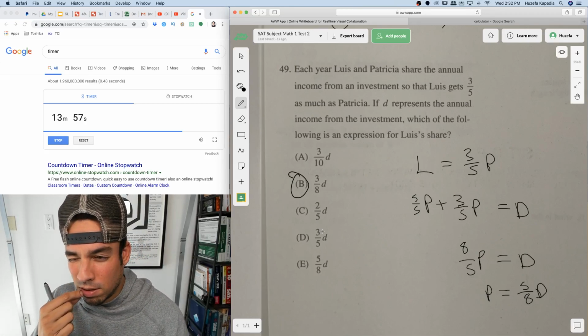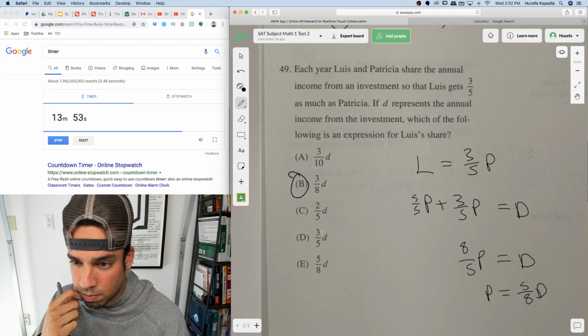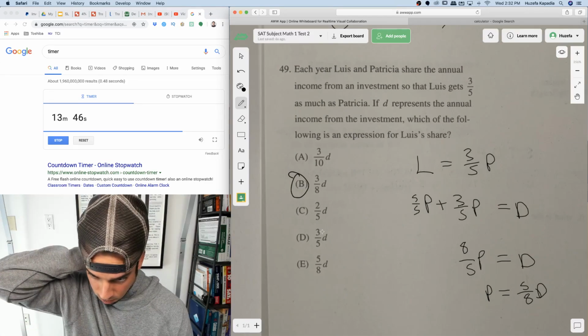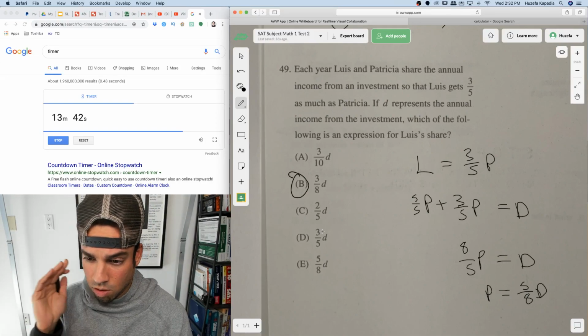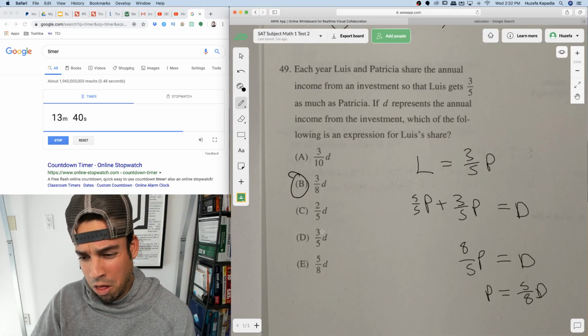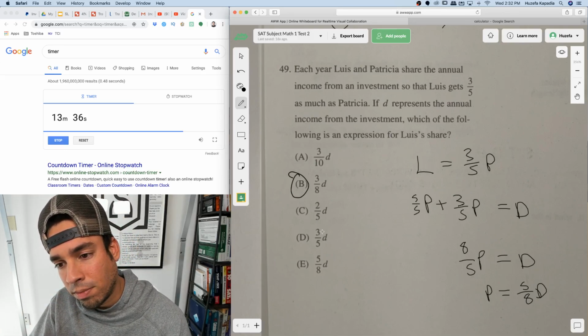How does that make sense? He gets 3/5 as much as Patricia. I think that makes sense, right? So they're getting a total of 8/5, so she's getting 5/8.